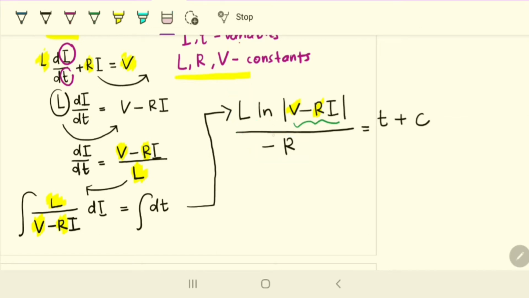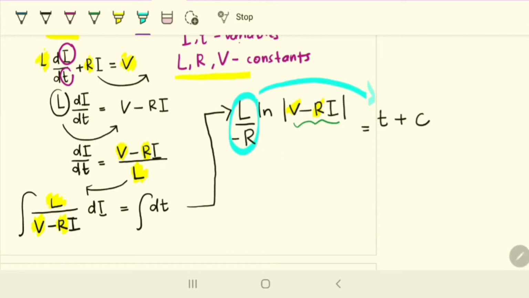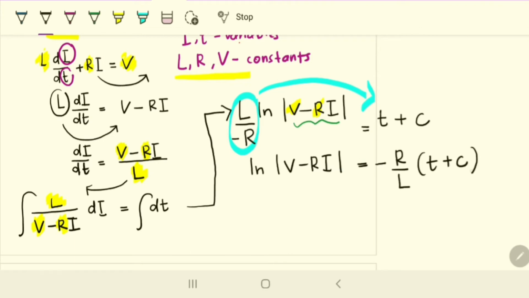By the way, you can also write this like this, over negative R, not necessarily a big fraction below the ln. These are equivalent. So if I bring this to the other side, it becomes ln of V minus Ri equal to negative R over L t plus C.